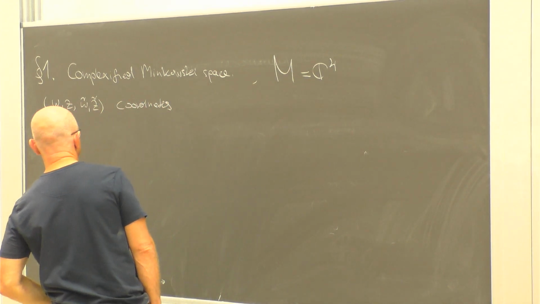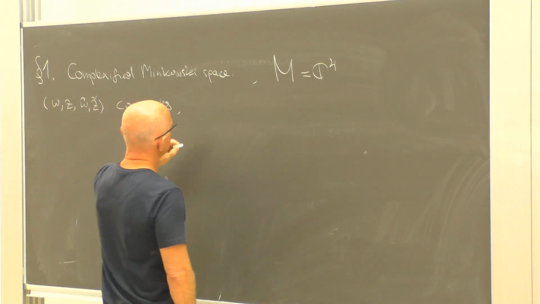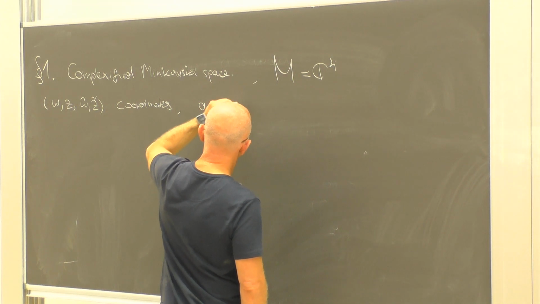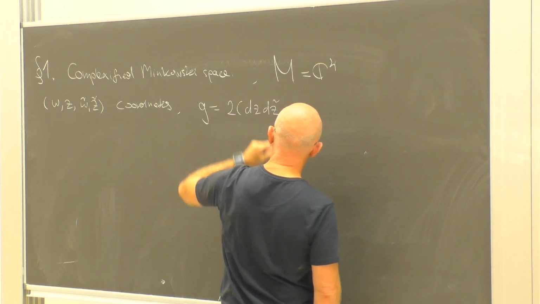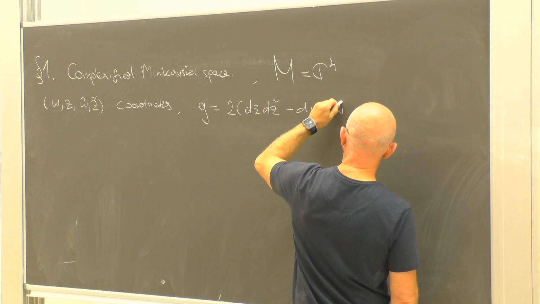And in terms of these coordinates, we'll have a metric, which is 2 (dz dz tilde minus dw dw tilde).